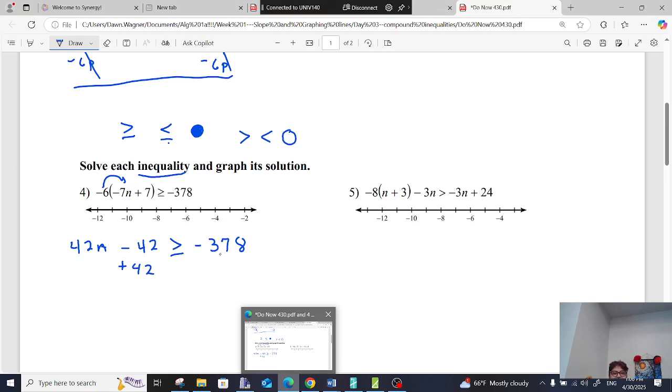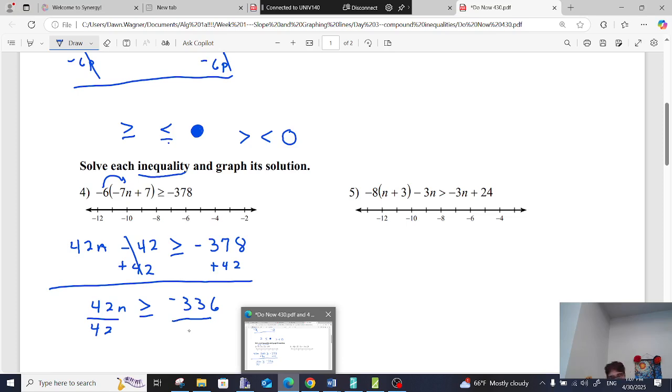Okay, add 42 to both sides here. This cancels. 42n is greater than or equal to 336, and then I divide by 42. I do not flip that inequality because n, or this coefficient in front of n, is positive.